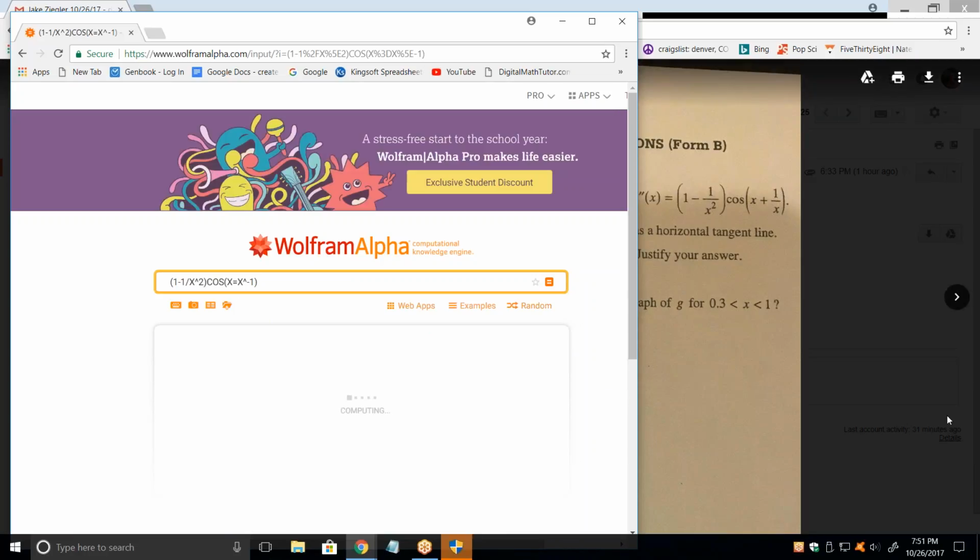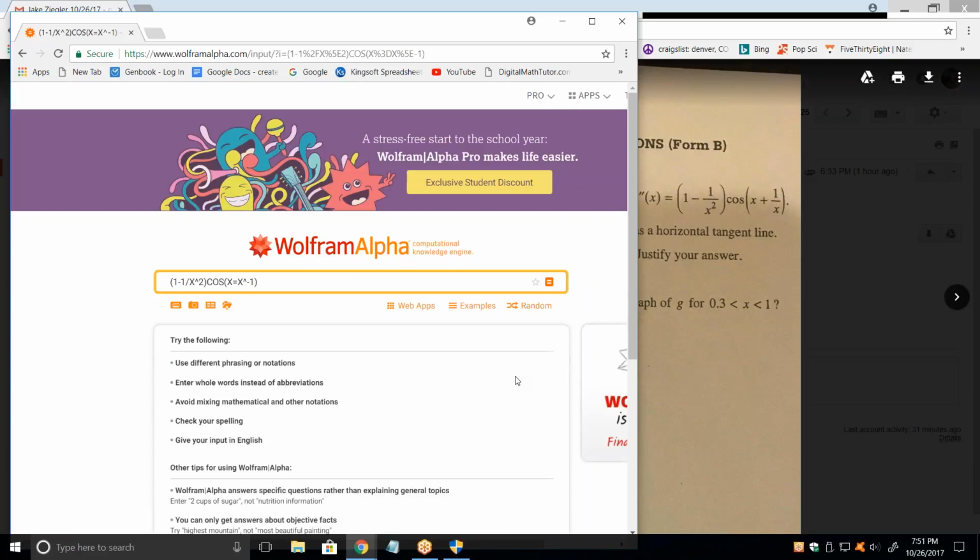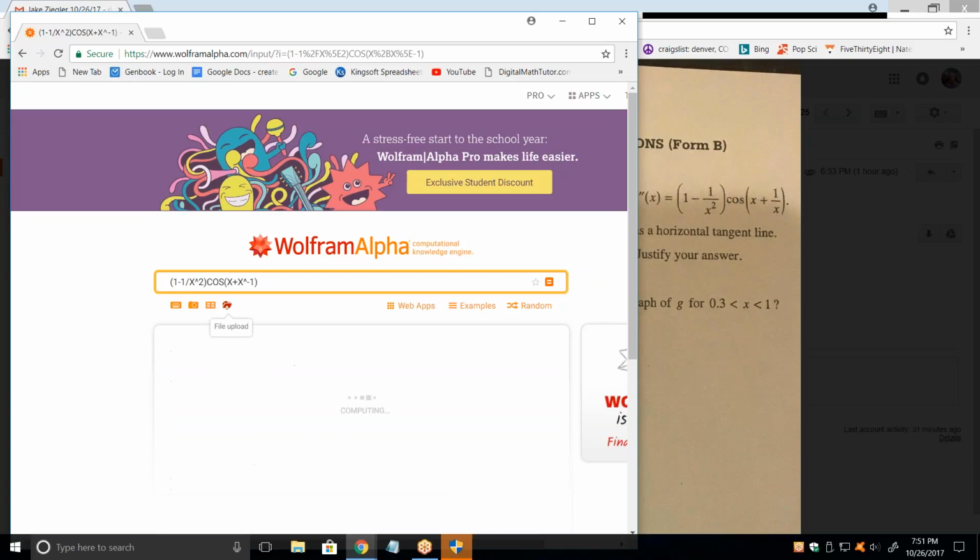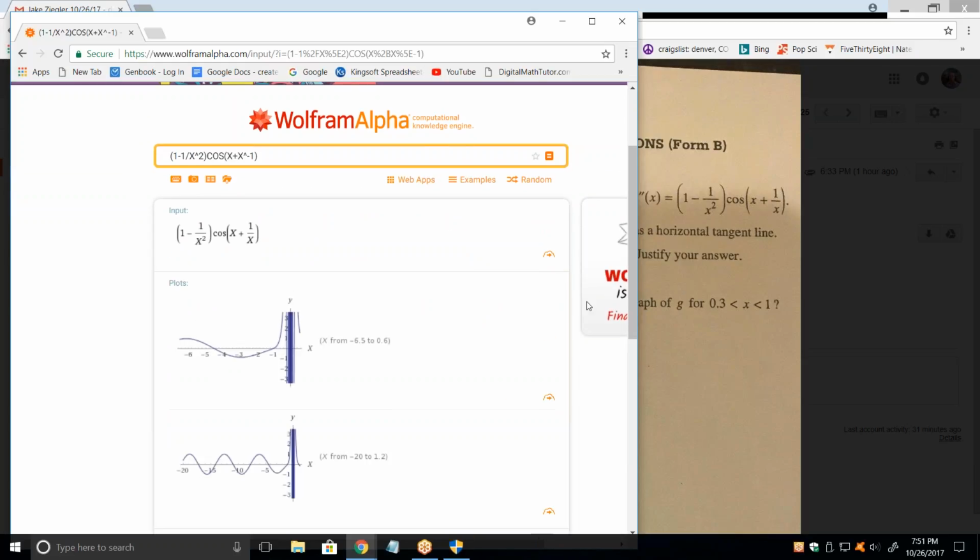Let's look at this second derivative function. Didn't like the way I typed it in. 1 minus 1 over x squared times the cosine of x. I put an equal sign there instead of a plus sign. Now, let's see if that produces anything. Is that our proper second derivative? It is.